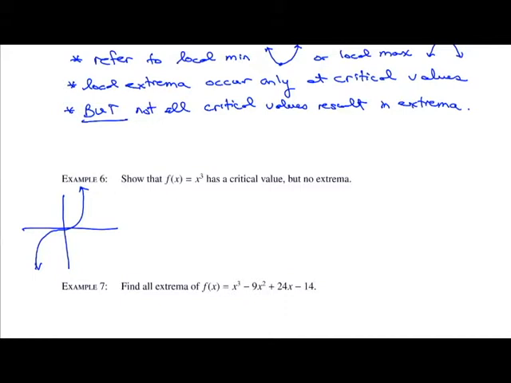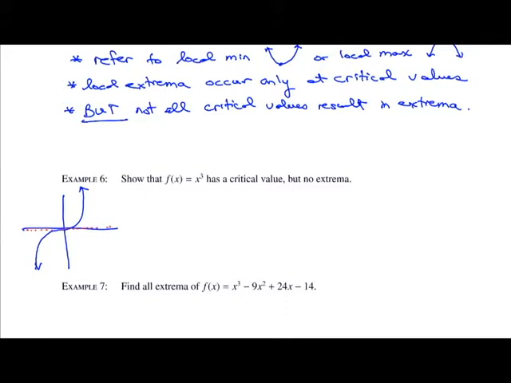Sort of. It actually has a slope right here at the origin of 0. So that's going to come up as a critical value. But it's not going to be an extreme, because it's going to increase all the way through that. So it's not a max and it's not a min.